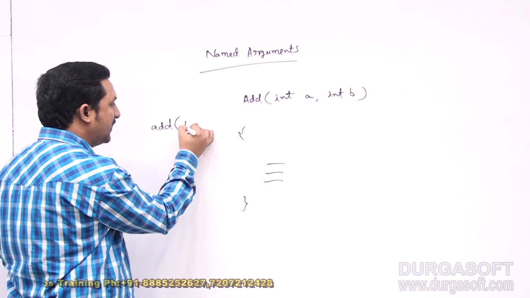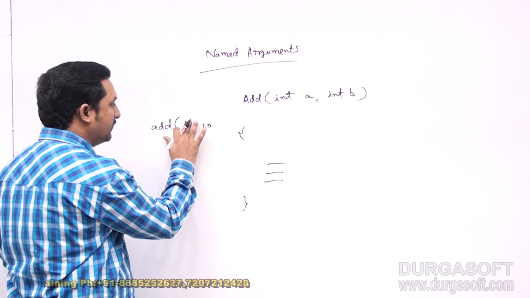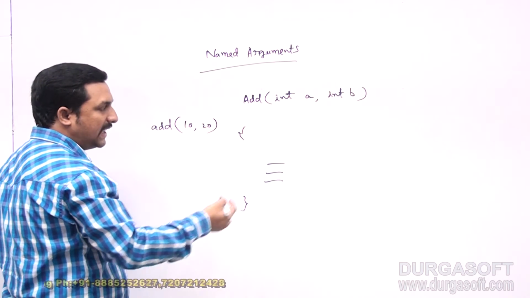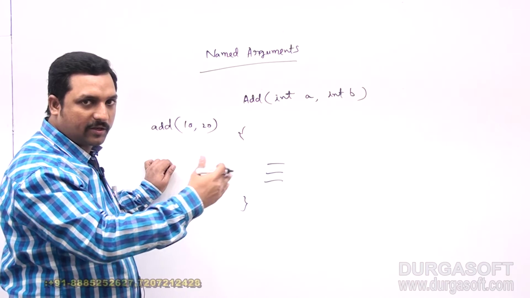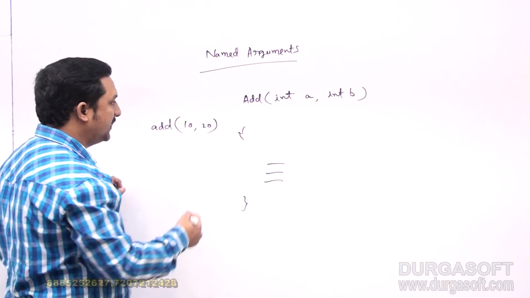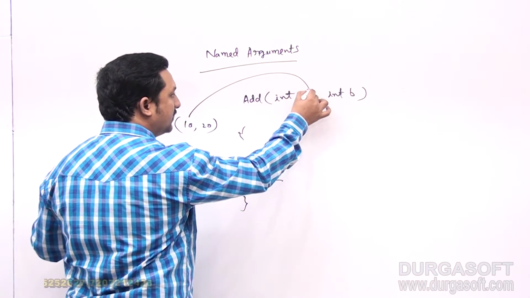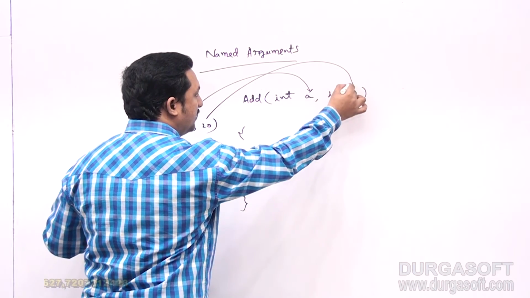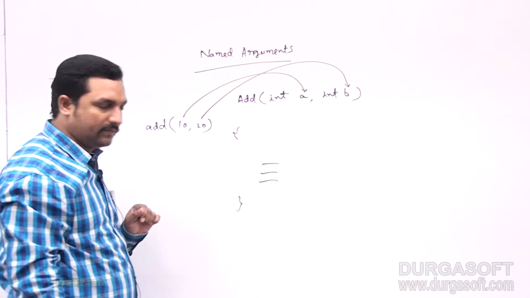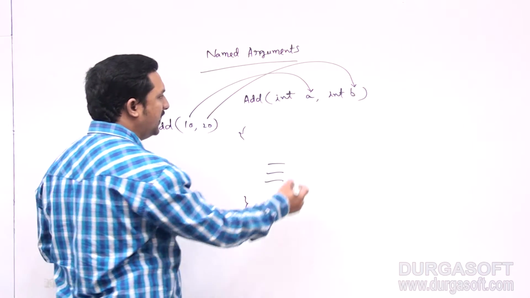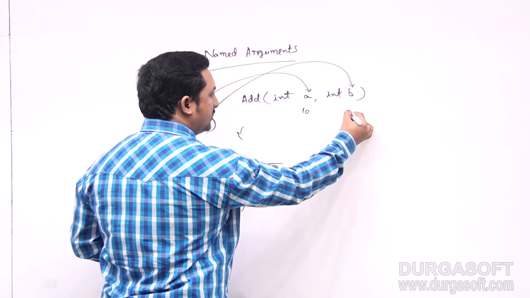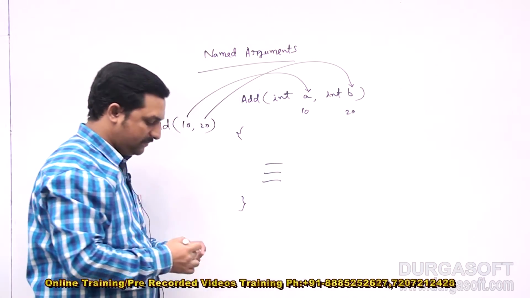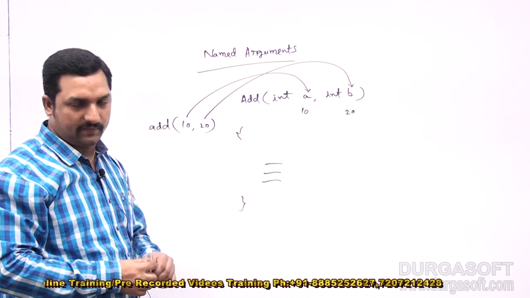For example, I am going to pass 10 and 20. What exactly happens? Based on the order of arguments only, the values are taken. That means 10 will be taken into A, 20 will be taken into B. Now, what is the value of A? 10. What is the value of B? 20. This process is very clear for us.